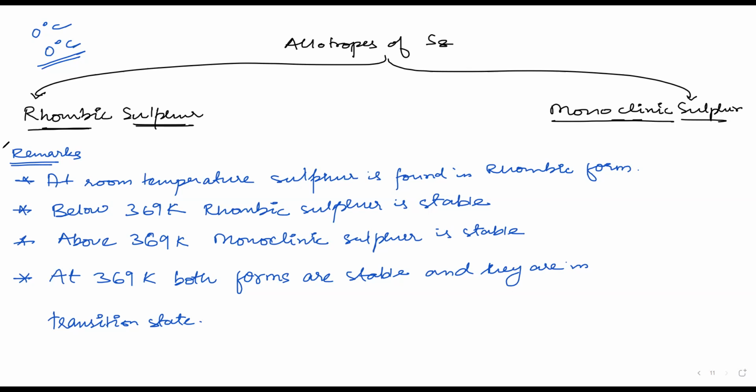Is ice stable or liquid water stable? Both are stable at 0 degrees Celsius. They are in equilibrium, in the transition state. Similarly here, 369 Kelvin is for rhombic and monoclinic sulfur. Both forms of sulfur are stable at 369 Kelvin. But if we go below 369, rhombic will be stable. If we go above 369, monoclinic will be stable.